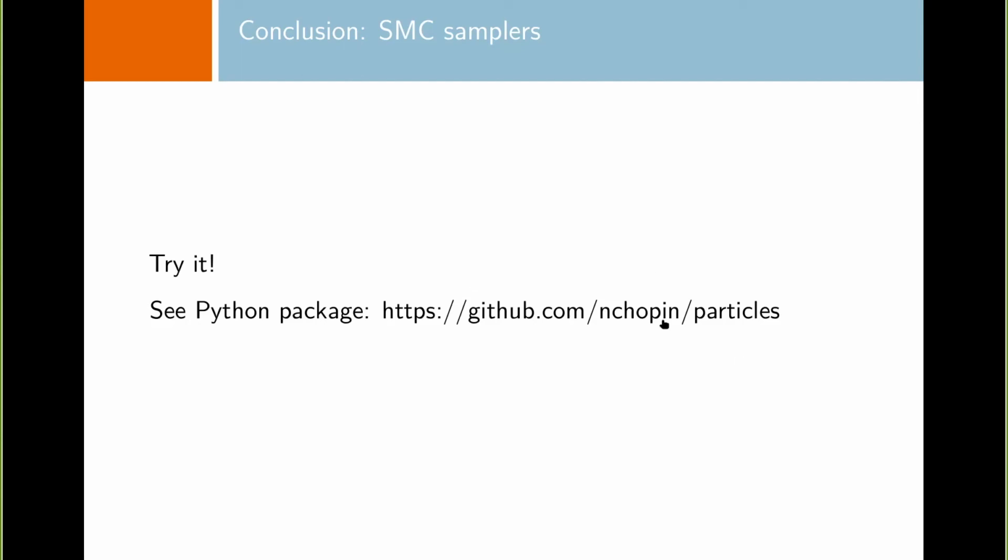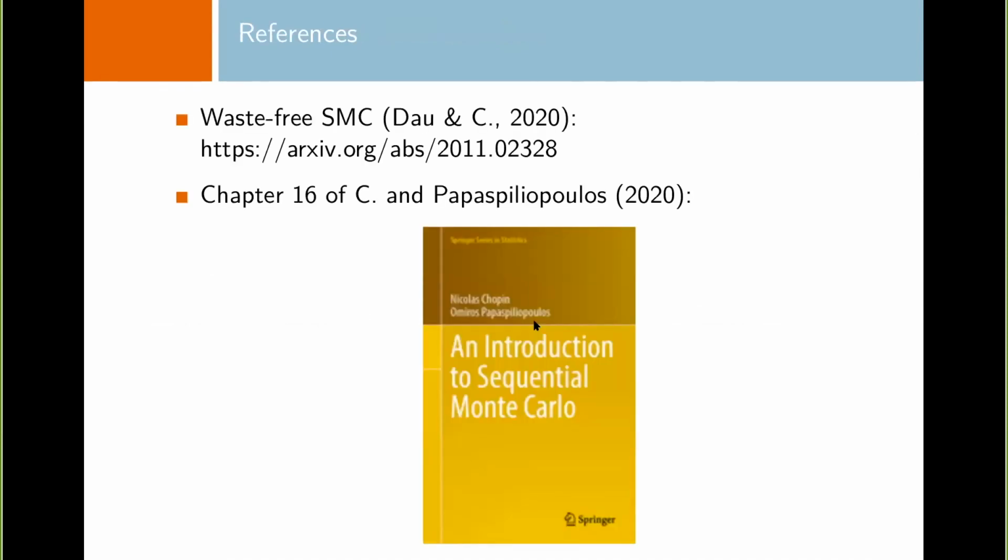It is a more general package where you have all kinds of things relating to particle filters, resampling, etc. But you can do SMC samplers, both standard and waste-free. And you even have implemented something we have not talked about before, using SMC for variable selection. And if you're interested, there's a whole chapter about SMC samplers in this book I wrote with Mirosław. For waste-free, you should rather read this paper with Dang, which is on arXiv. And this is it. We're done.